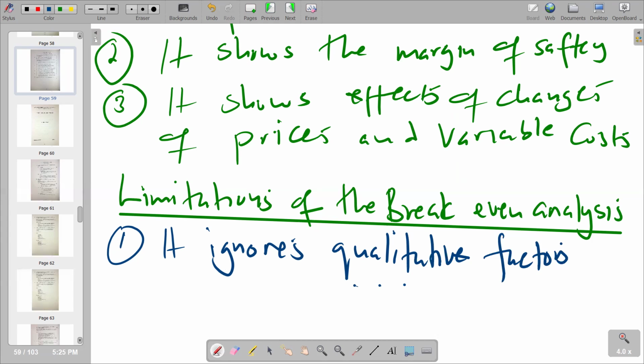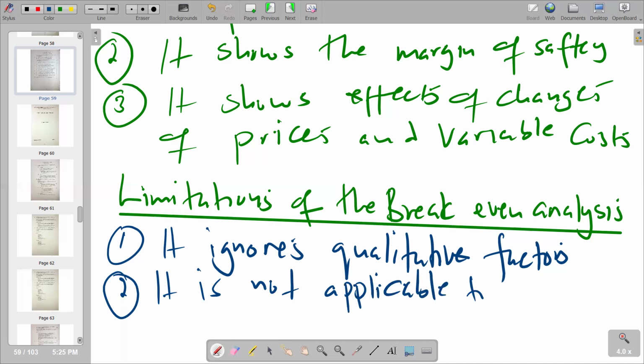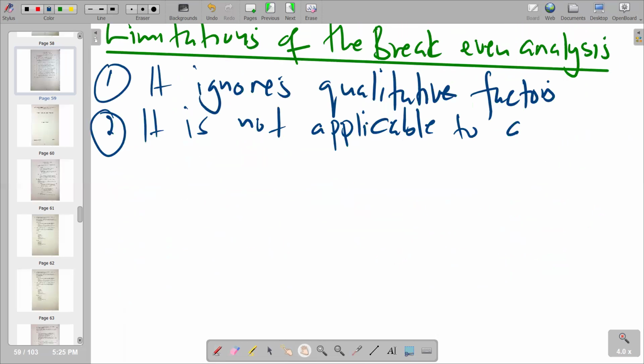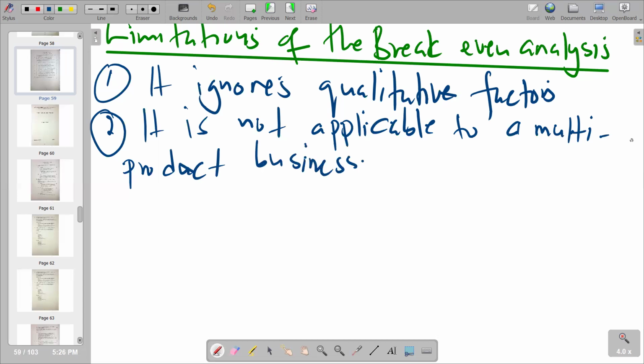There is another limitation that we can also take into consideration: it is not applicable to a multi-product business.